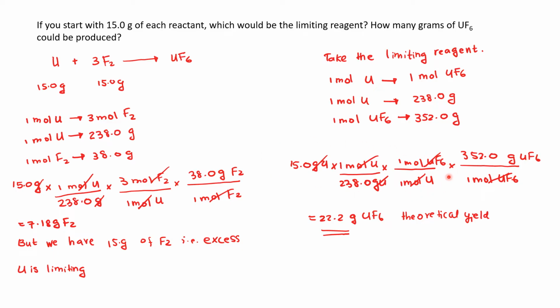The next step is to convert it to mass. We know 1 mole of uranium hexafluoride weighs 352 grams. You can see all the units cancel out and the final answer is in grams. This is the maximum product you can get when you react 15 grams of uranium, so we call this the theoretical yield.